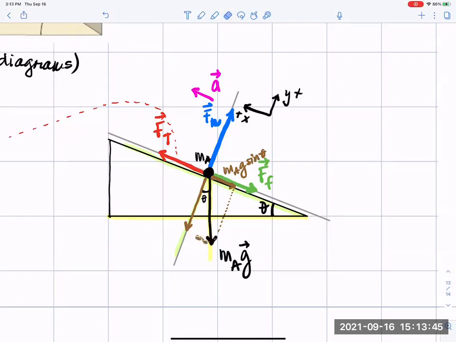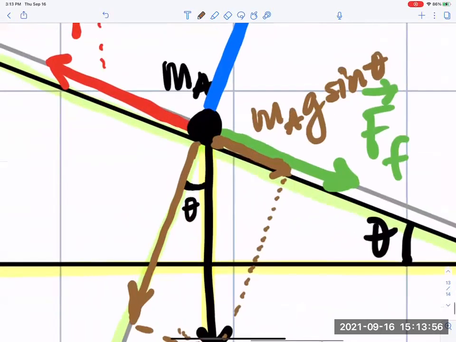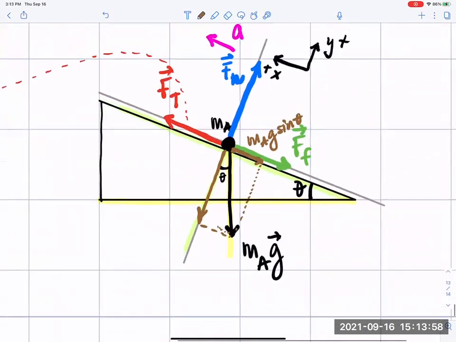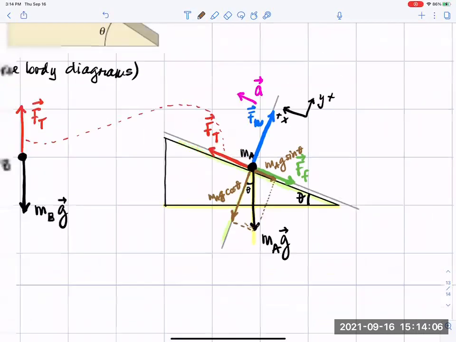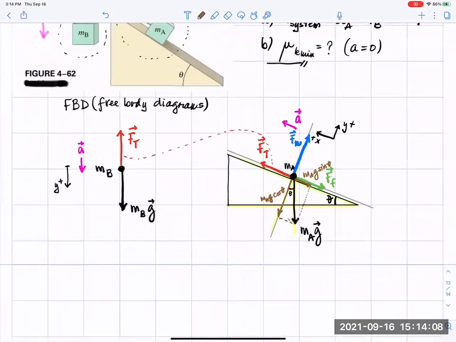Let me fix this a little bit. Maybe make it longer here to match. Okay. And this guy right here, which is adjacent to angle theta, that is your MA G cosine of theta. Okay, that said, you have everything you need in order to write our equations.